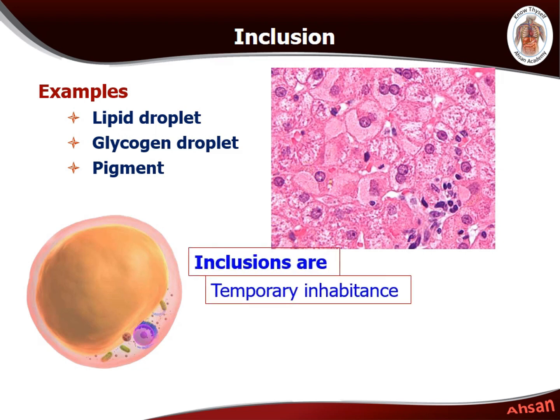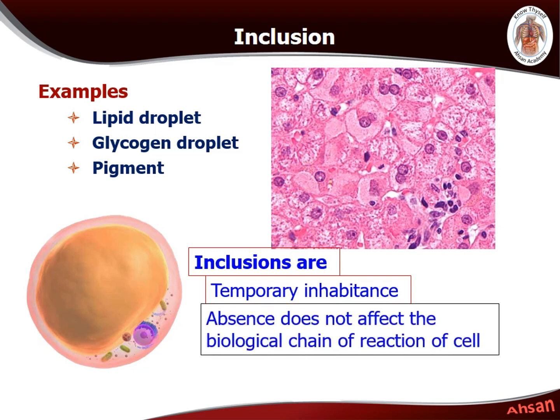Inclusions are the temporary inhabitants of the cell, and their absence does not affect the biological chain of reactions of the cell. That is why they are considered non-living components.